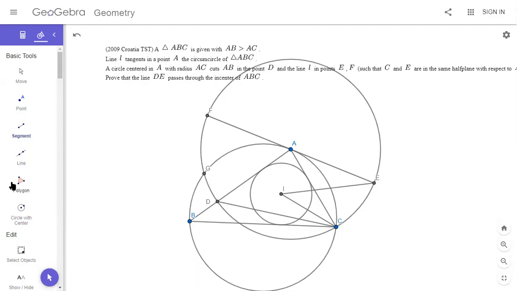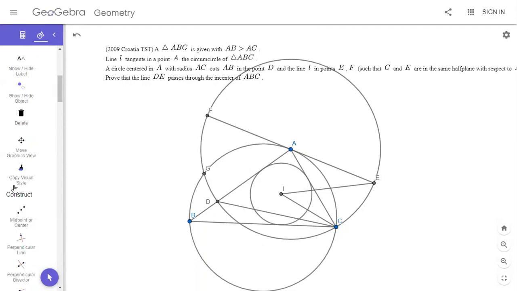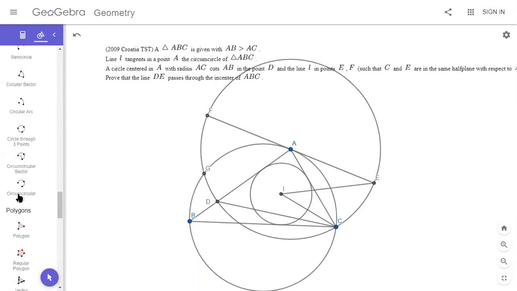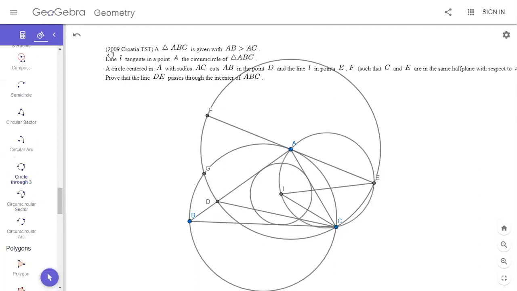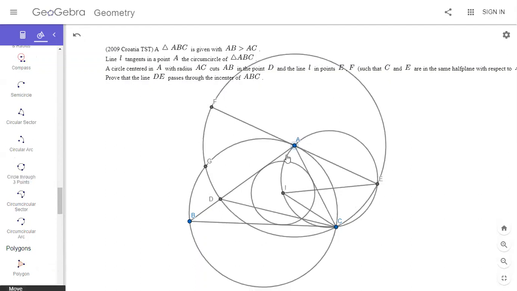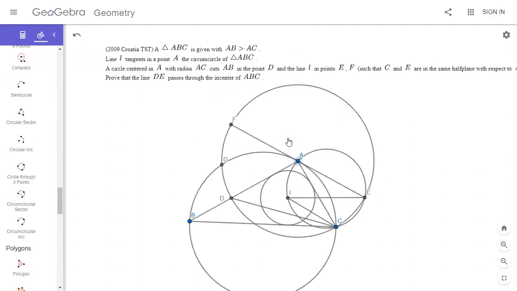Wait, if I can show it. Let me check that. I think that would solve it. Yeah, we have to show AEC and I are cyclic. It looks like, yeah, this doesn't necessarily concur.